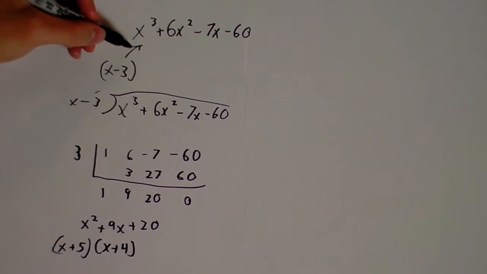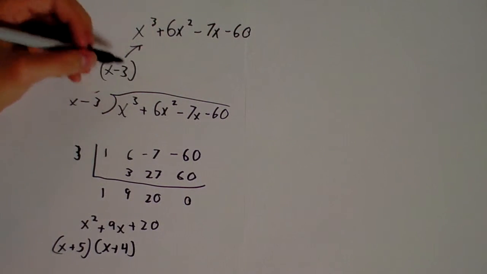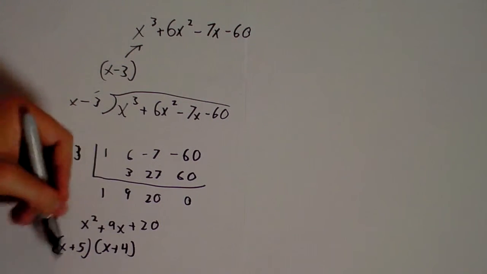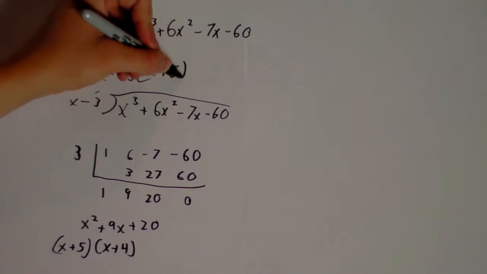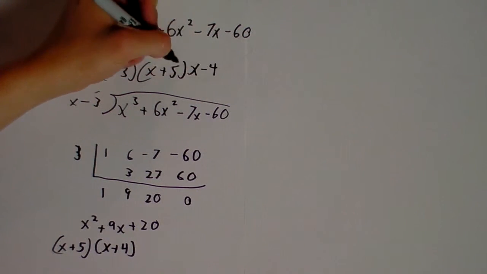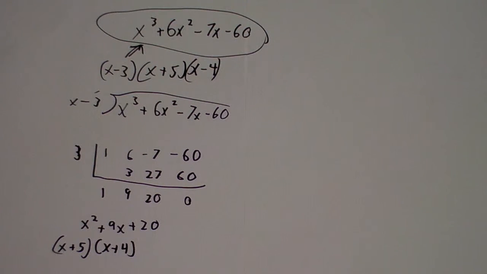So we already knew one factor that was given to us, and we found the other two factors just by using synthetic division and then factoring by inspection. So x minus 3 times x plus 5 times x plus 4 is going to be equal to this whole thing. So the fourth use of synthetic division is factoring a polynomial.